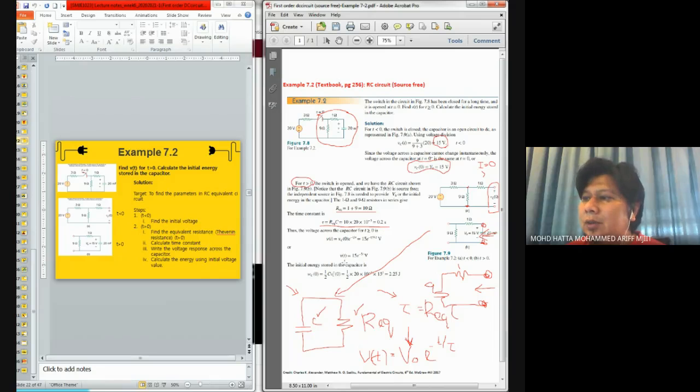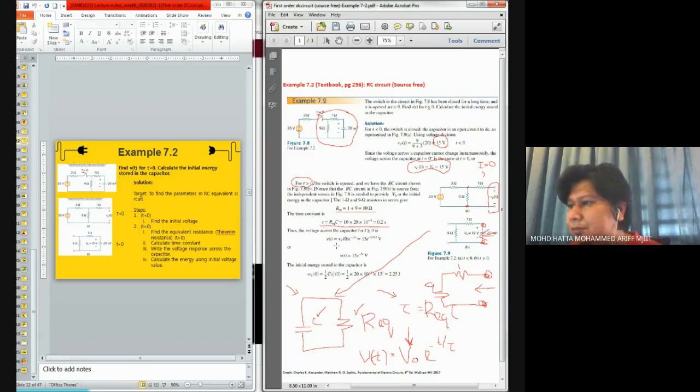For an RC circuit, tau is given by R equivalent times C, and you will get tau equal to 0.2 seconds. And again, using the formula for RC circuit, we can calculate the voltage across the capacitor given by 15, the initial voltage, times e to the power of negative t divided by tau, or 0.2 seconds. So the overall response is in volts because this is the voltage across the capacitor.